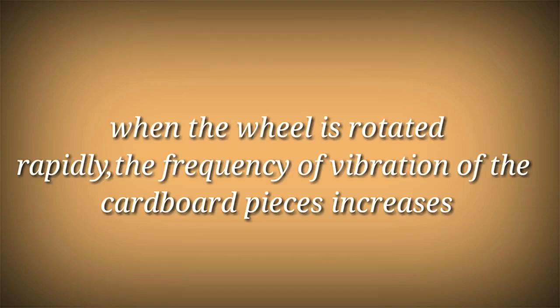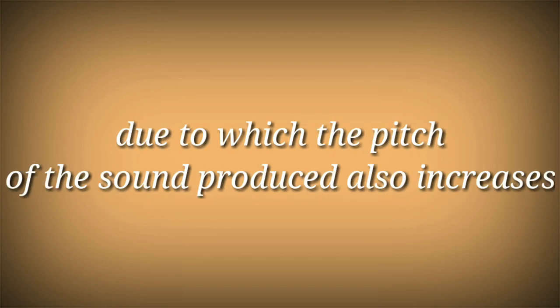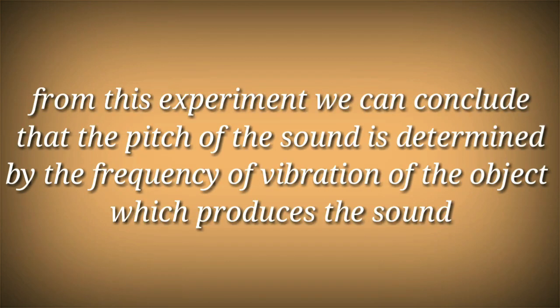When the wheel is rotated rapidly, the frequency of vibration of the cardboard piece increases, due to which the pitch of the sound produced also increases. From this experiment, we can conclude that the pitch of the sound is determined by the frequency of vibration of the object which produces the sound.